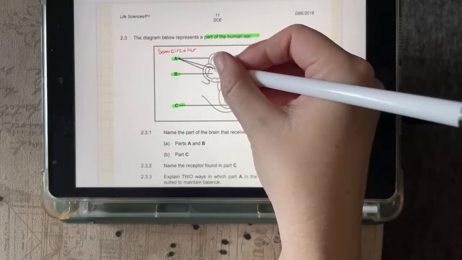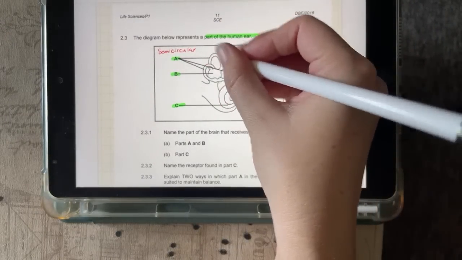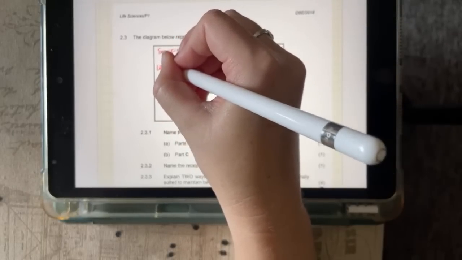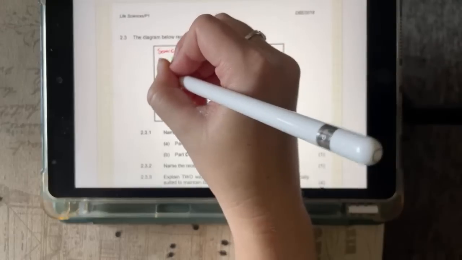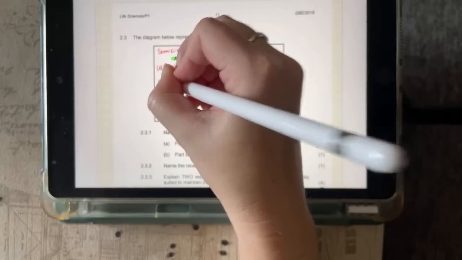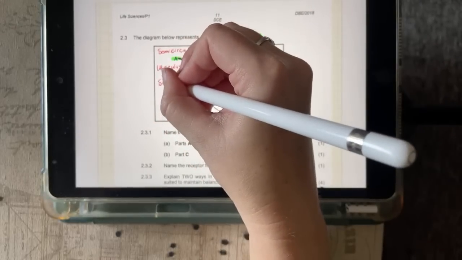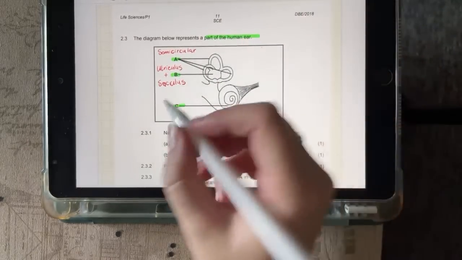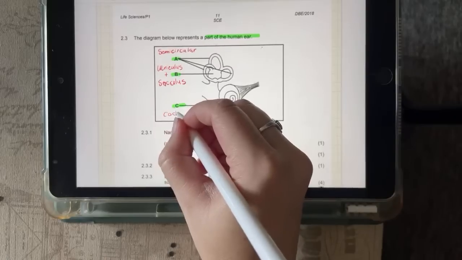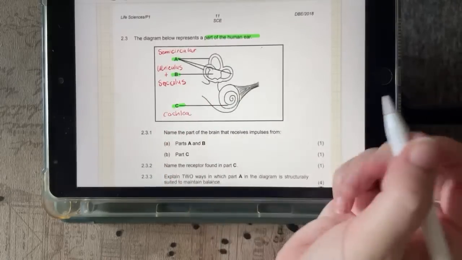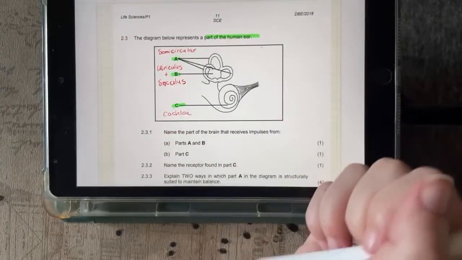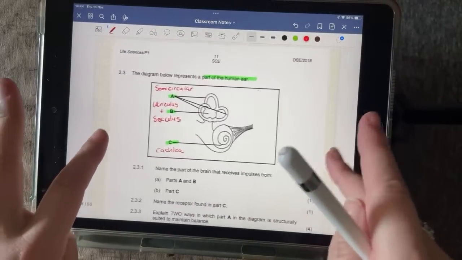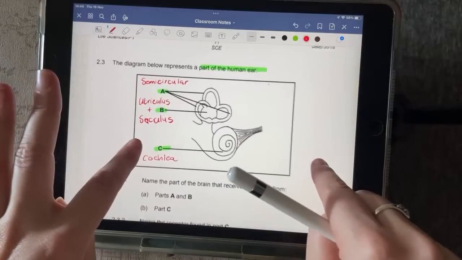Then sitting below that is this swollen region over here, which is the utriculus, and also the sacculus. Okay. Then sitting below this is the cochlea. Okay. So those are our regions of the ear that we're working with right now. Let's get a little closer so we can see it in more detail.